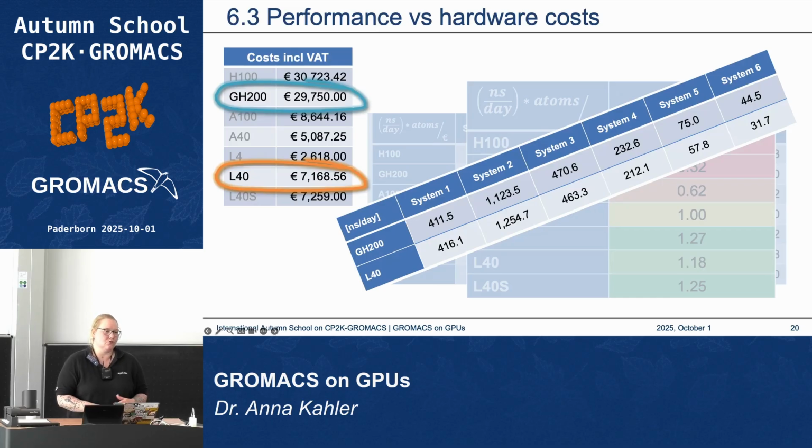Or do you also need it for machine learning or something like this? What we basically then decided to do was not allow the MD simulation users on the Hopper systems because it's too expensive and it's not worth the performance gain.